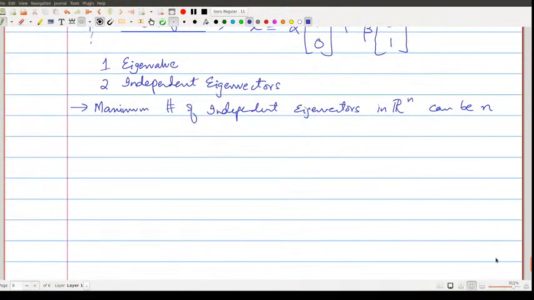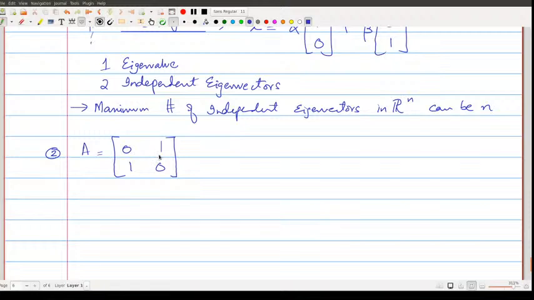So let's take another example. Let's take example number 2. Let's take a similar matrix but slightly different, right? So 0, 1, 1, 0. This is the two-dimensional permutation matrix.